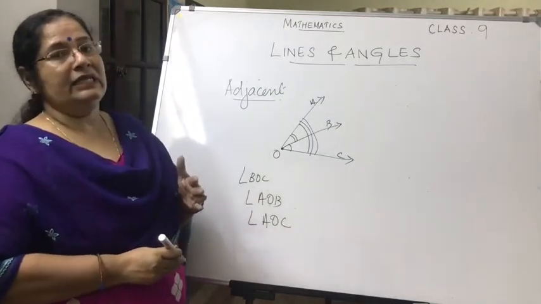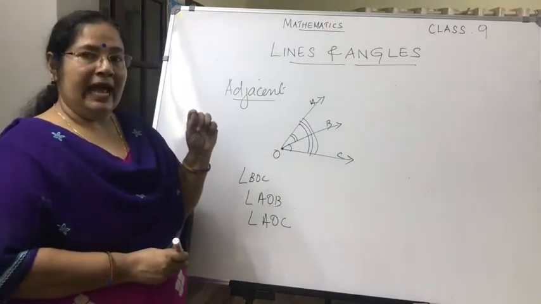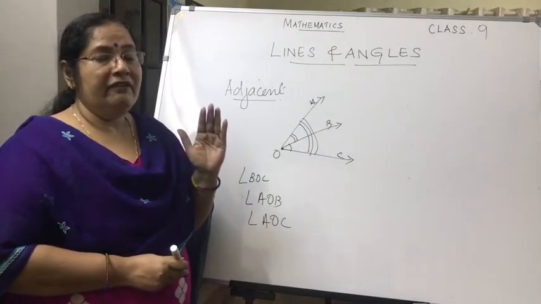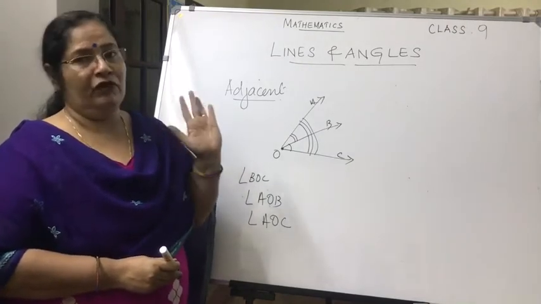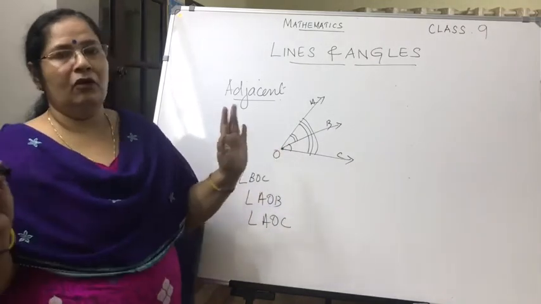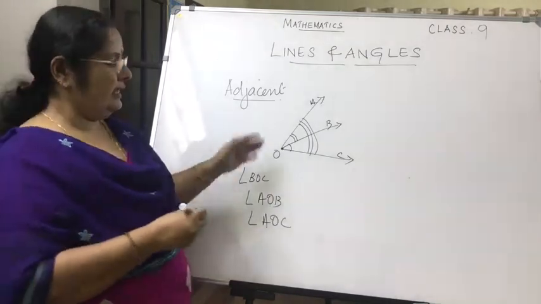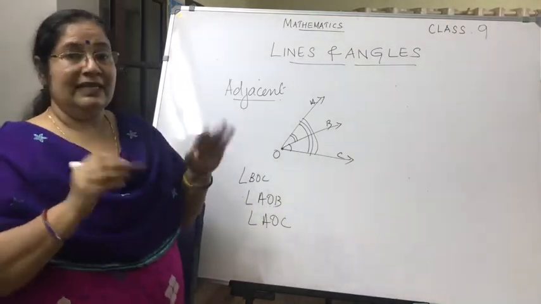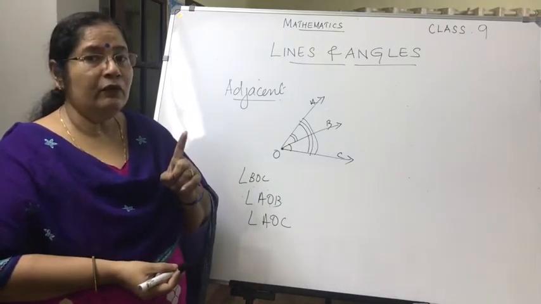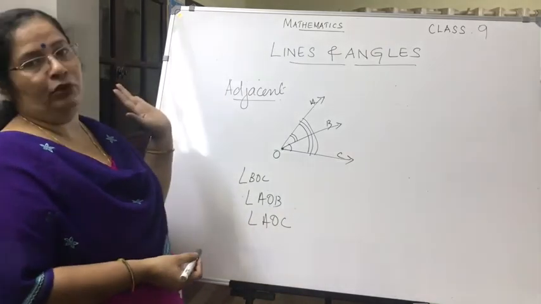The condition is that those two adjacent angles, adjacent means nearby angles only, will have the same vertex. So in all these three cases, all of them are having the same vertex O. That condition is satisfied by all three. Second condition, one of the arms will be common. One arm will be common for both of them.